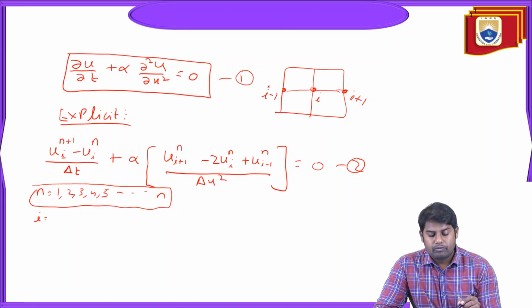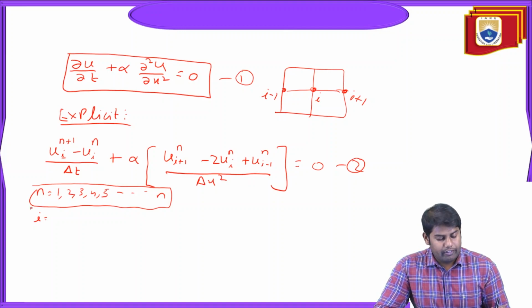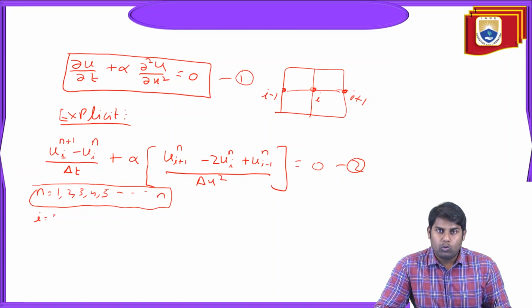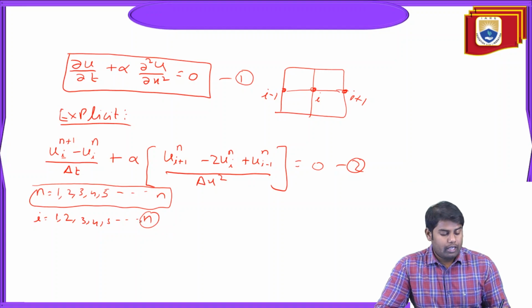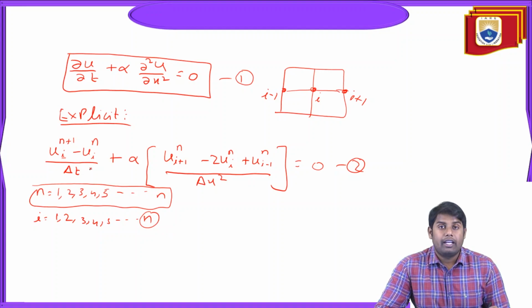So i will start from 1, 2, 3, 4, 5, 6, 7 and so on till n, or however many grid points we have. Here index i indicates the location of the grid point, and index n indicates the time level.